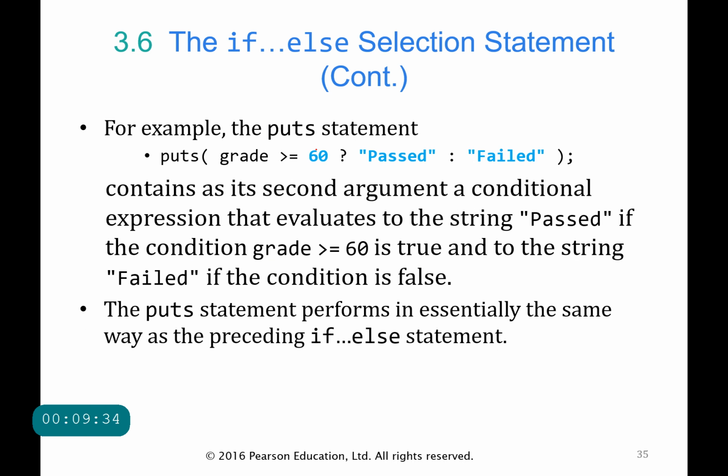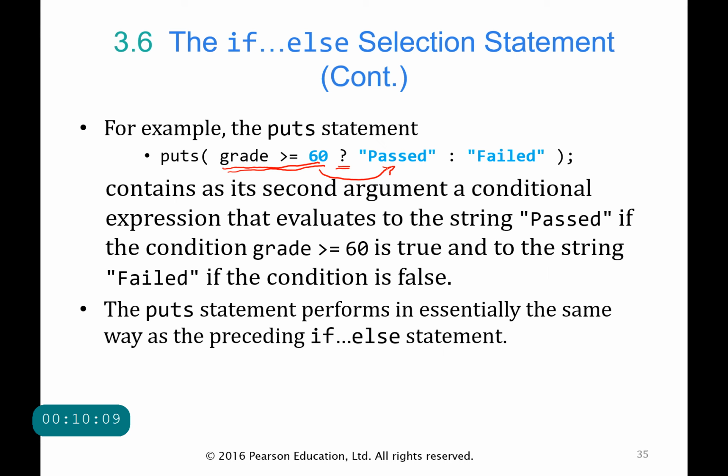The previous statement that you saw: if grade was greater than or equal to 60, you wanted to print passed. If it was not, then you wanted to print failed. You recently saw how to write that using an if else statement. Now if you want to write that using a conditional operator, you first write the condition: grade greater than or equal to 60. If this condition is true, you execute the statement that follows the question mark.